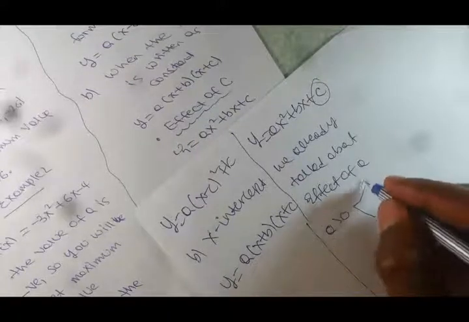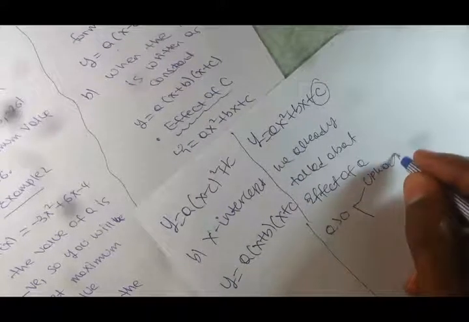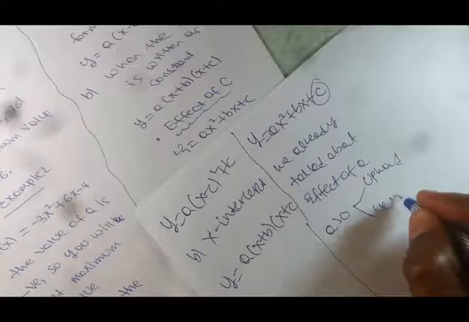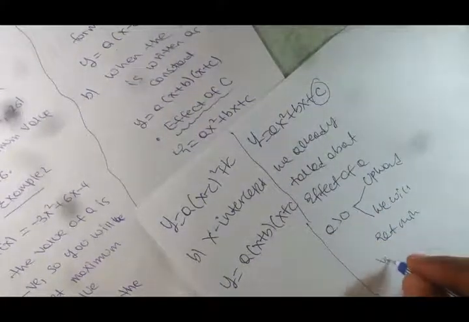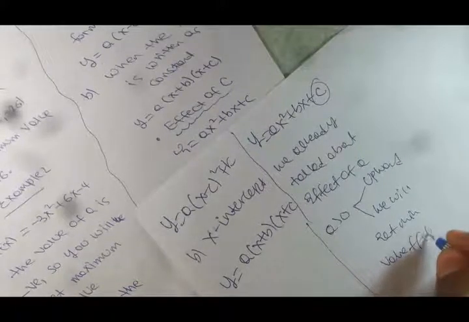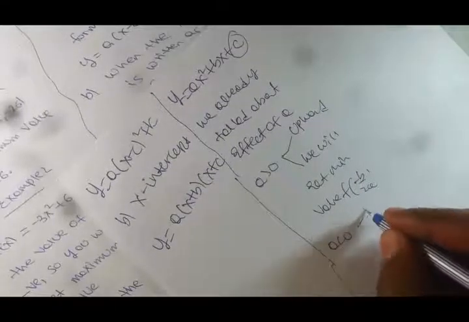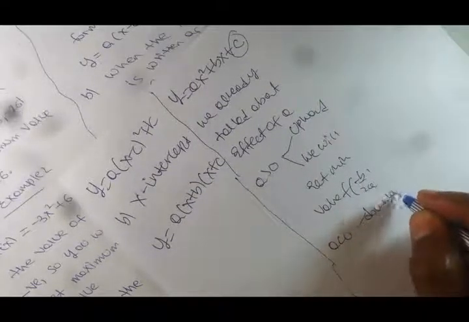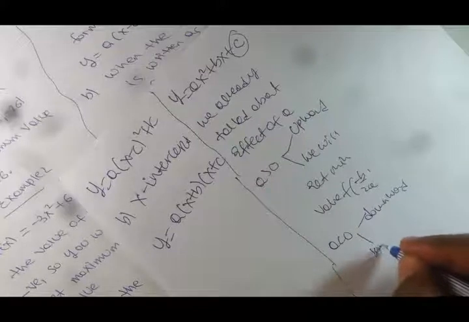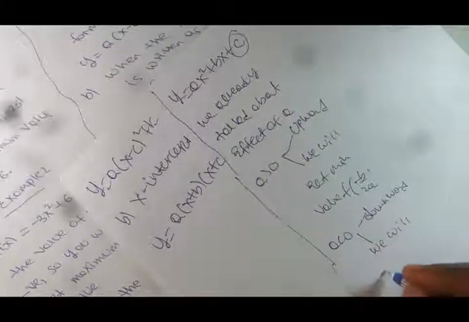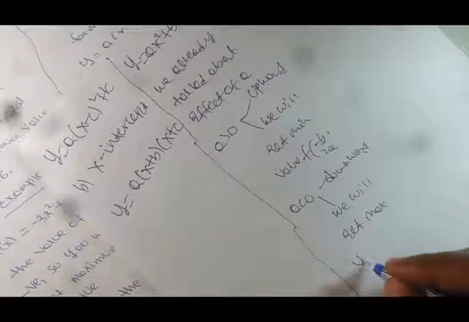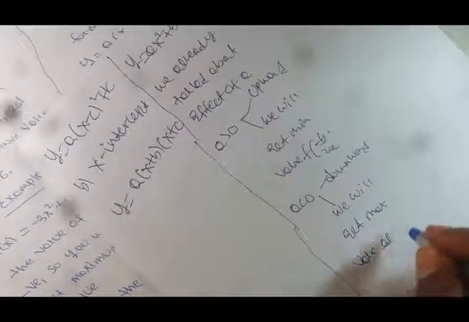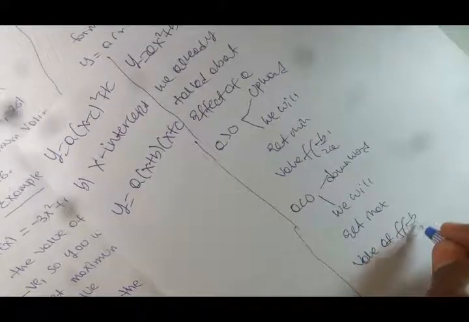The first is the graph will be upward, and we will get a minimum value at f of minus b over 2a. And if a is less than 0, it will be downward, and we will get a maximum value at f of minus b over 2a.